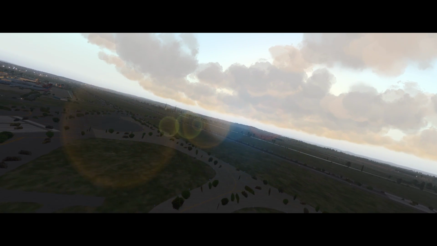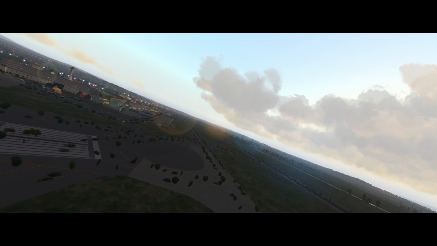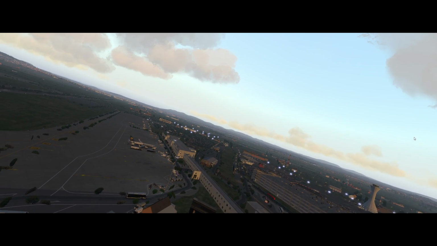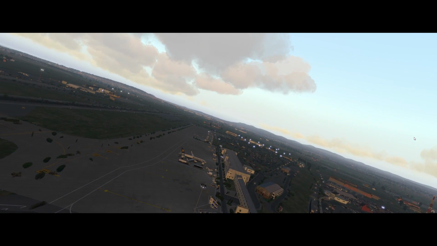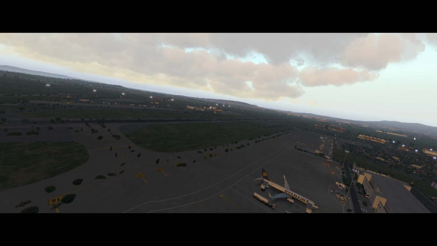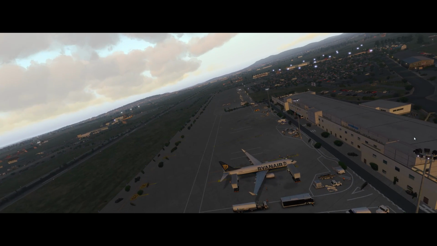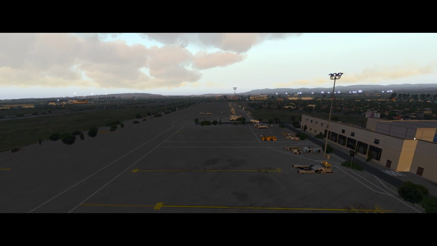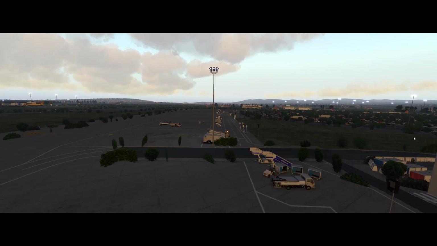Okay, here we've got a big issue with Edinburgh. As you can see, there are bushes along the edges of the taxiways and the runways. In fact, I think there's even bushes in the middle of the runways. And what's happened here is that TDG hasn't put an exclusion zone in. Now, I think I can fix this myself.